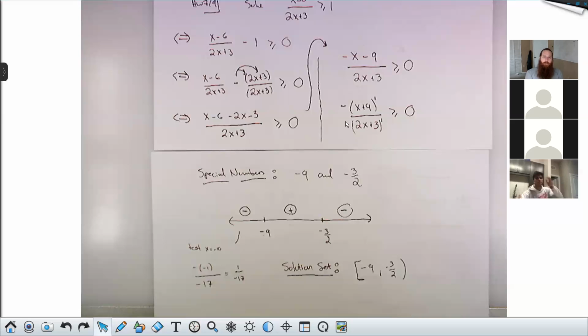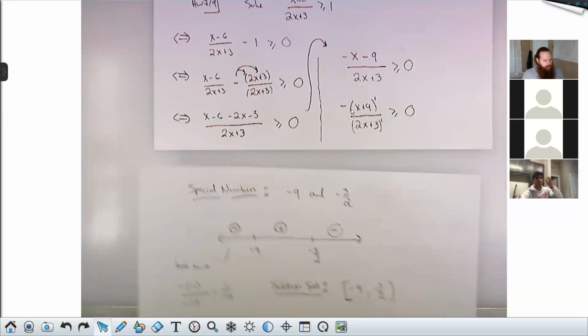Because you can't have the bottom being 0, that's never okay. But if the top is 0, that makes the whole thing 0, and 0 is greater than or equal to 0. If it's a strict inequality, just strictly greater than or strictly less than, no or equal to, then it's always going to be parens.